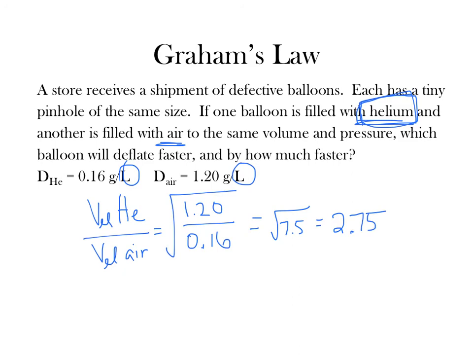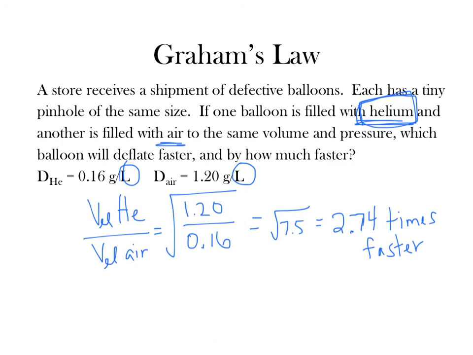Sorry, I said 7.4. 2.74. So helium will escape faster. How much faster? 2.74 times faster. Which means if it takes 1 second for the helium to escape, it'll take 2.74 seconds for the air to escape. Or if it takes 1 hour for the helium to escape, it'll take 2.74 hours for the air to escape.